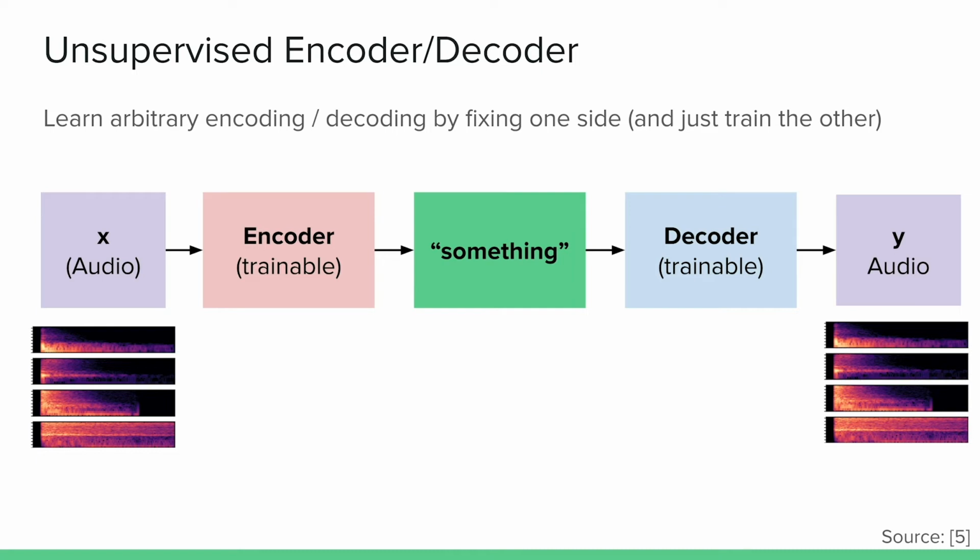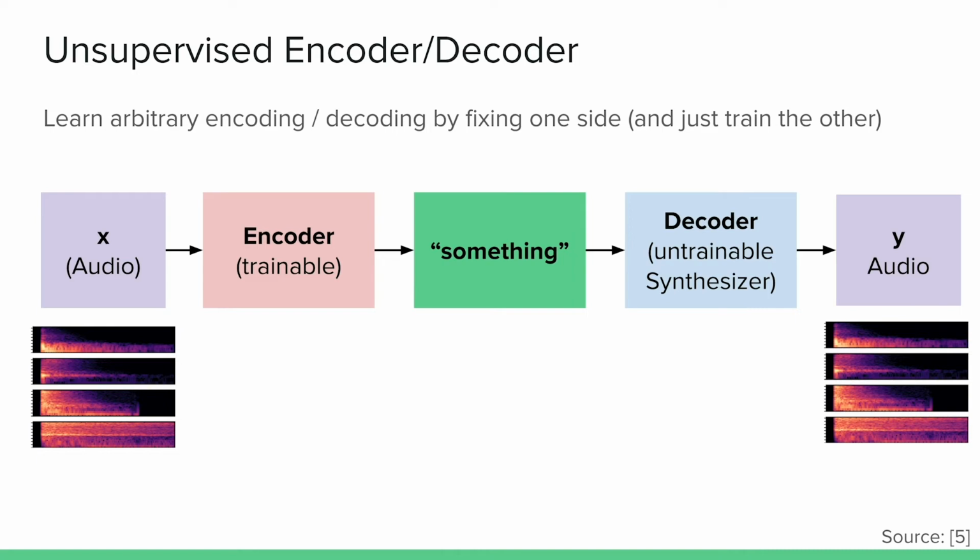A standard autoencoder would go from audio to something in the middle and then back to audio, because we want to reproduce the same input. Instead of producing something in the middle that we can't really interpret, we want something more specific. So instead of a trainable decoder, we use a non-trainable decoder that always produces something depending on what comes as input.